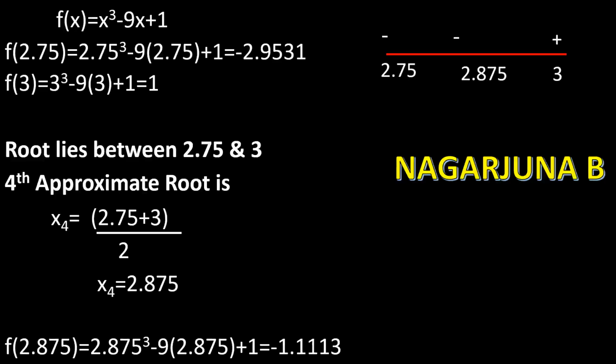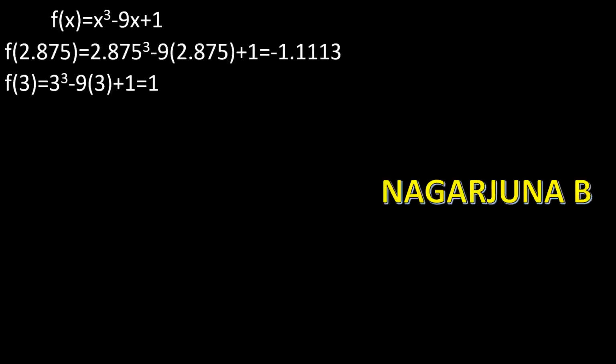Therefore now the root lies between 2.875 and 3. This step you need to repeat until you get the root between two values such that those two values are correct up to 2 decimal places.